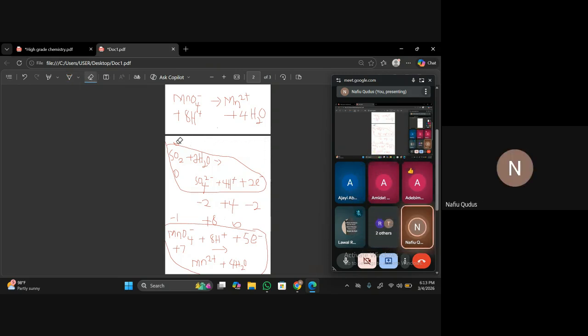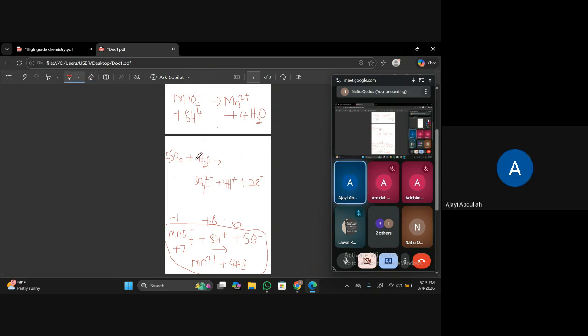So if we are to multiply equation 1 by 5, how will it be? 5 times SO2 will be 5 SO2, right? 5 times 2H2O, it will be 10. We are going to have 10 H2O.